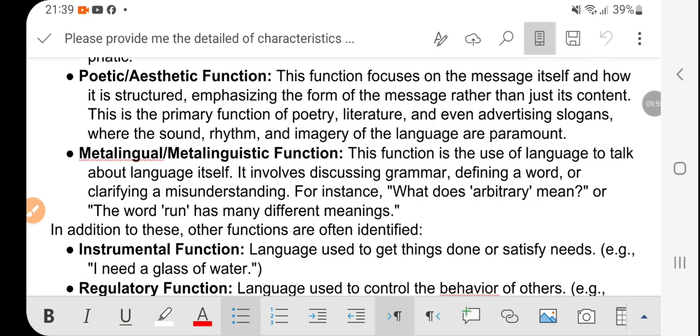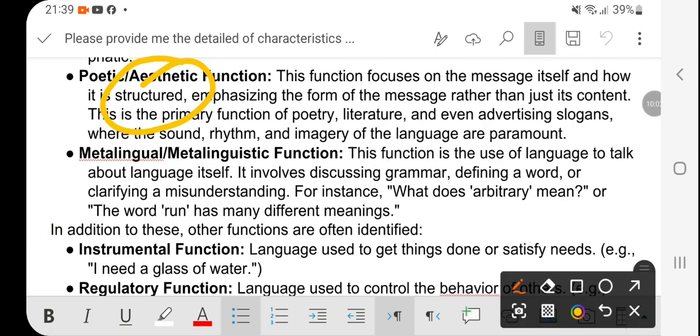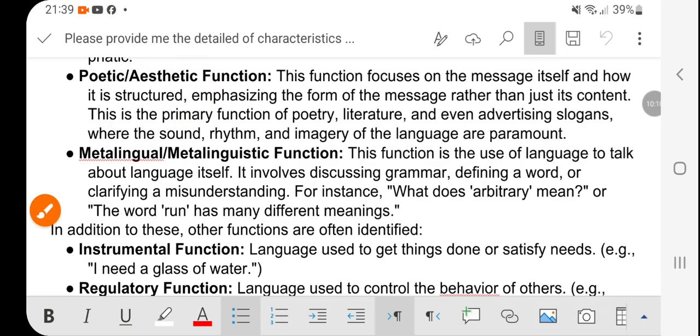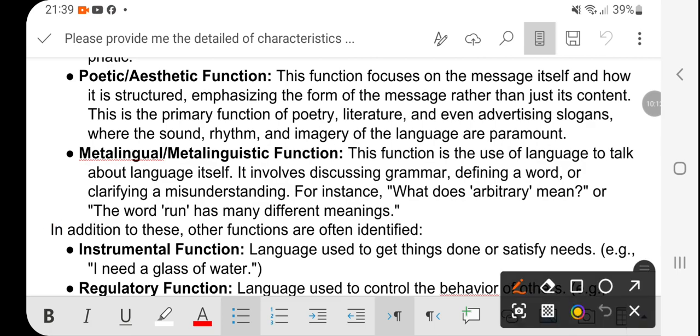So that language is molded, language is articulated, that is structured. Okay, and then emphasizing the form of the message rather than just its content. So not simple content but forms, right? How the language is formed. Sometimes we follow a rhyme scheme to make our message much more effective, so we change the form of language.